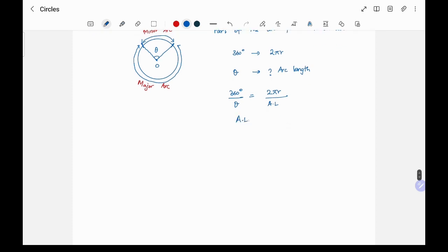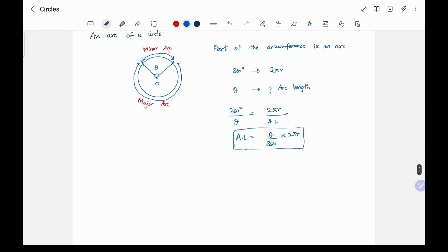So arc length will be theta by 360 into 2 pi r. This is the minor arc length. If you want the major arc, you need to replace theta with 360 minus theta. Anyway, it will be applicable for both minor arc and major arc.